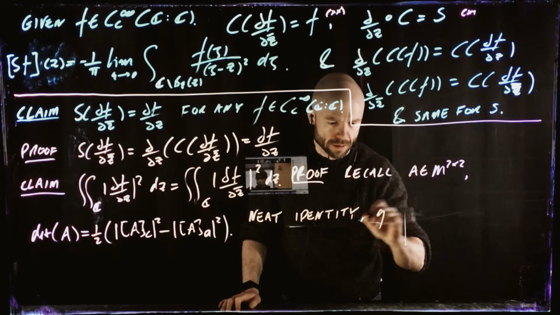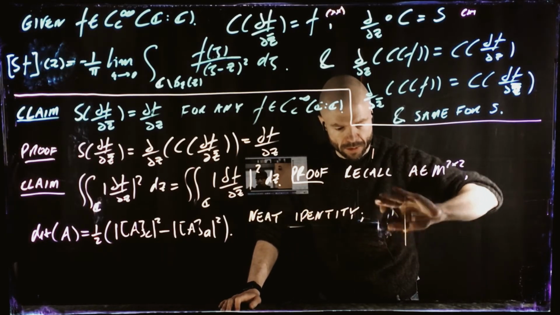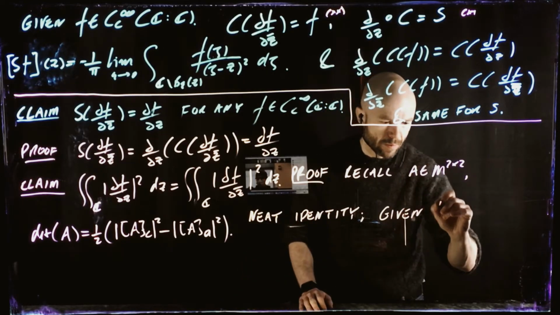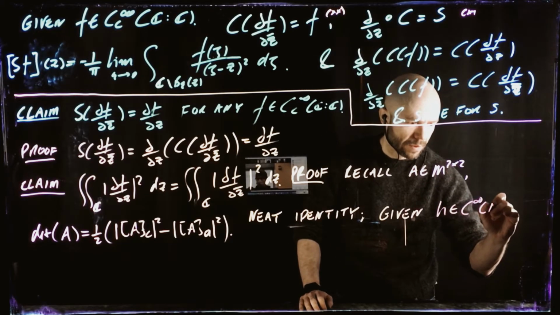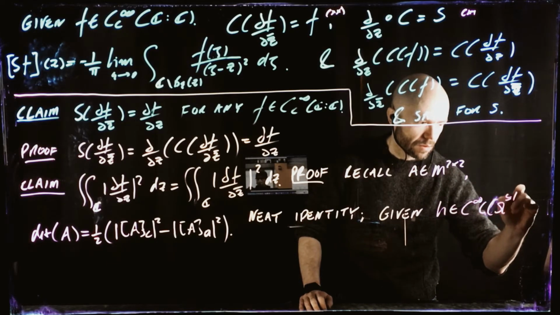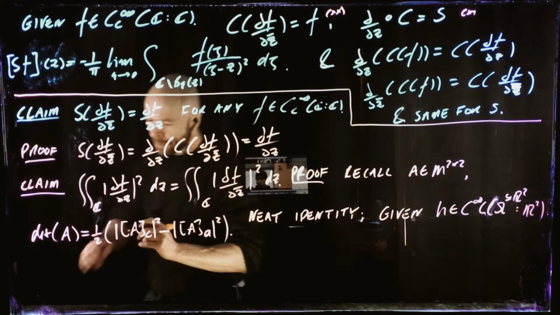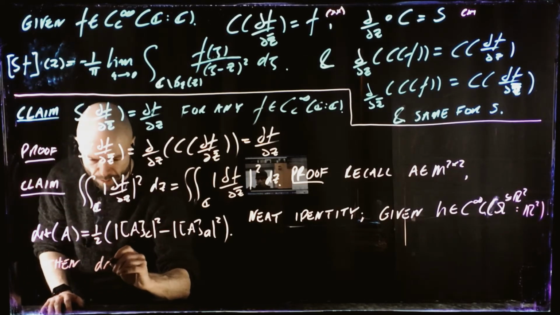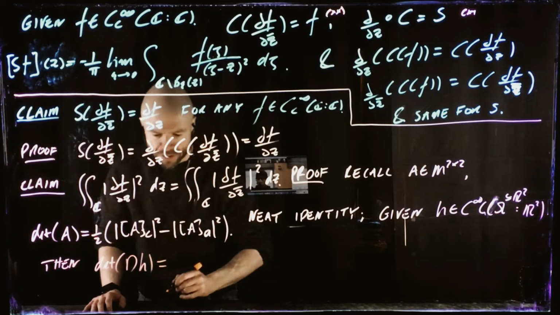So, given, stick with capitals. Given some h, which is smooth, from R2 into R2, then the determinant of the gradient of h, which is now a 2 by 2 matrix, of course.